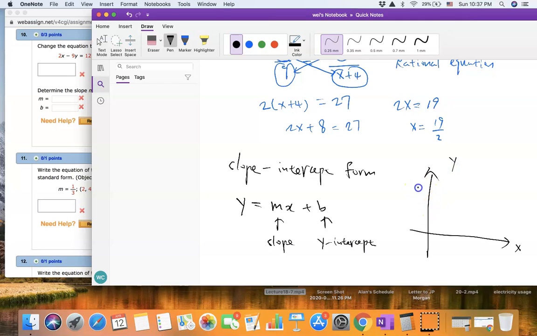We know the y-intercept is the point where the straight line intersects the y-axis. At this point, the x-coordinate is 0, and the y-coordinate is this number b.